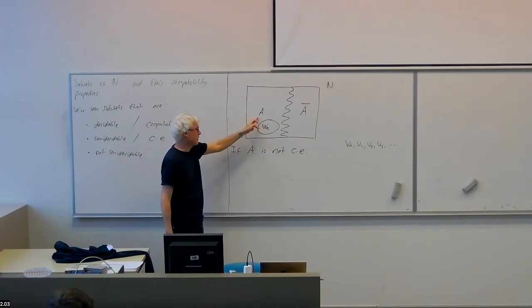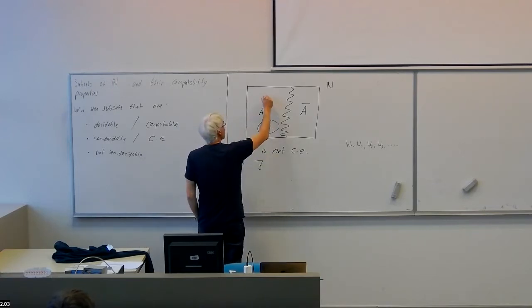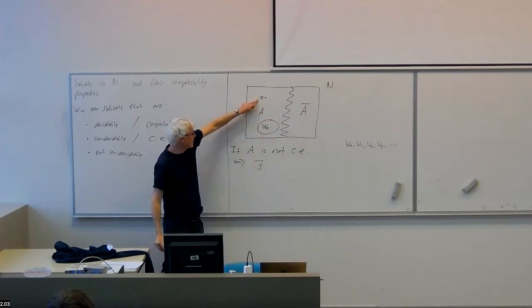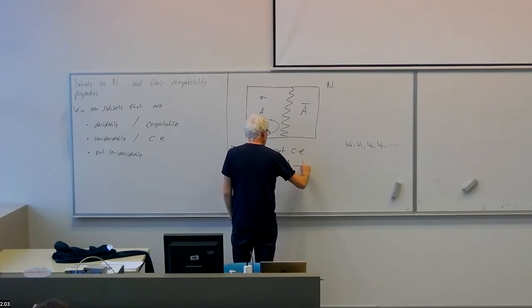Well, if A is not computably enumerable, that of course means that there exists some X. It's a triviality, but there exists some X that's in A but outside of W_E. So there exists some X that belongs to the set A minus W_E. This is the set difference operation.